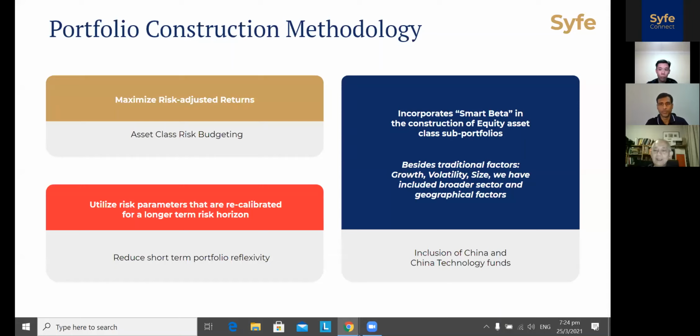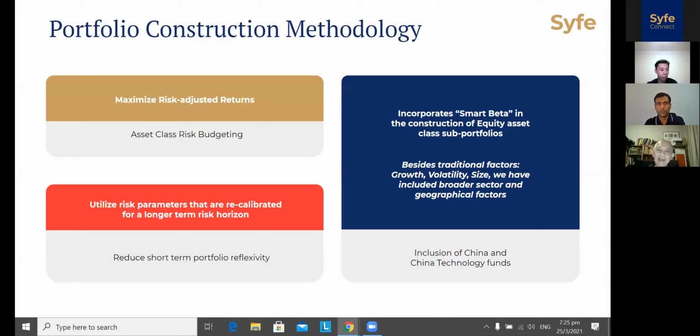Essentially, we use a long-term risk horizon, and our moderate portfolio typically has on average maybe 40 to 50% equities. But at the end of the day, we actually budget the risk of 40% equities into this particular portfolio, so we don't target the whole portfolio risk.